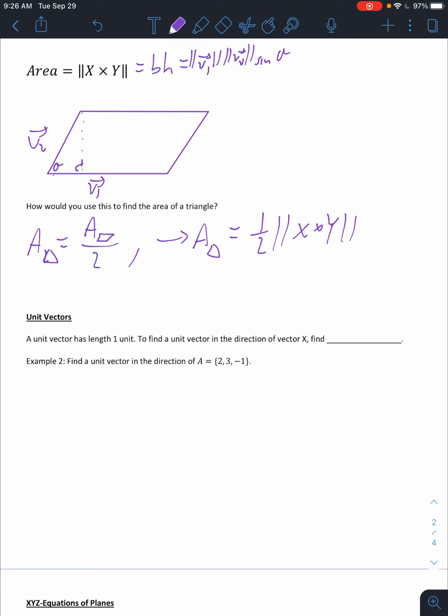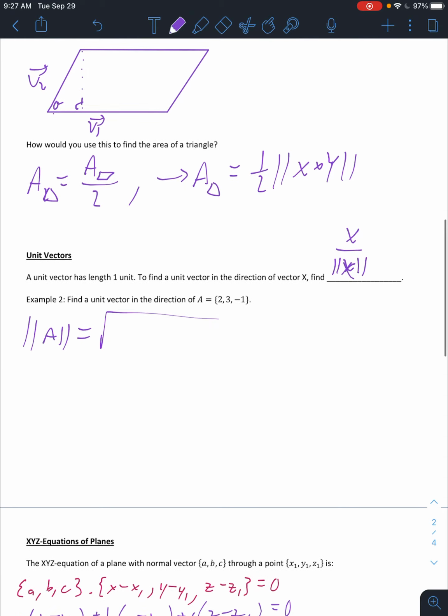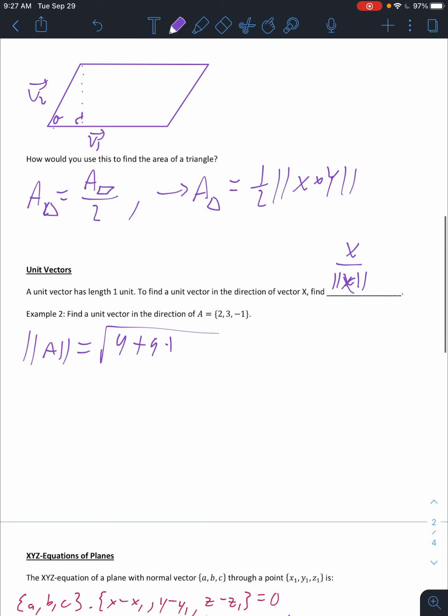Okay, unit vectors. I know you've done unit vectors before. I don't know if you've done them in 3D, but to find them in 3D, it's the same thing. You take your vector and divide it by the magnitude of that vector. So an example here, the unit vector of A. We're going to find the magnitude of A. It's going to be root of 4 plus 9 plus 1, so it'll be root 14.